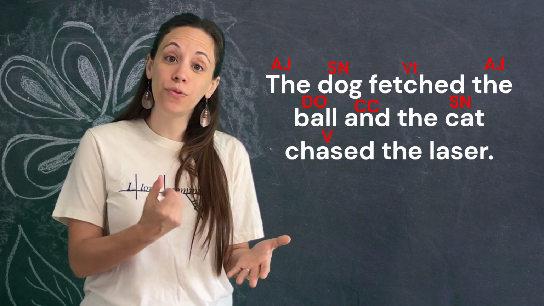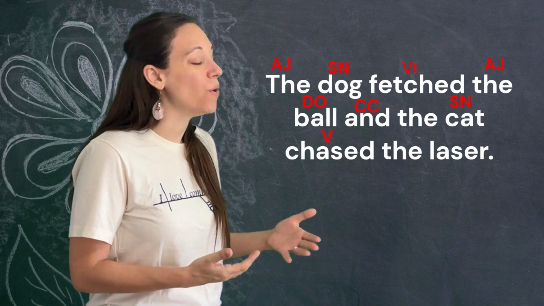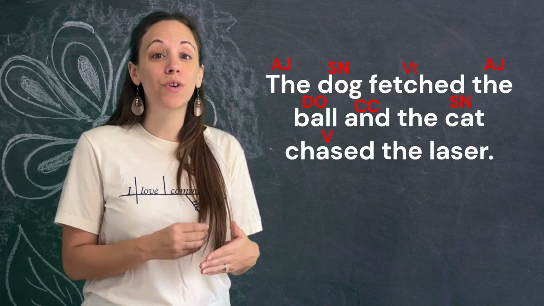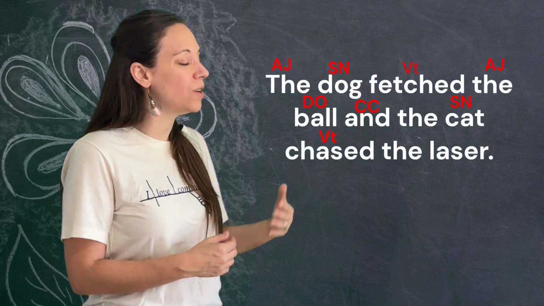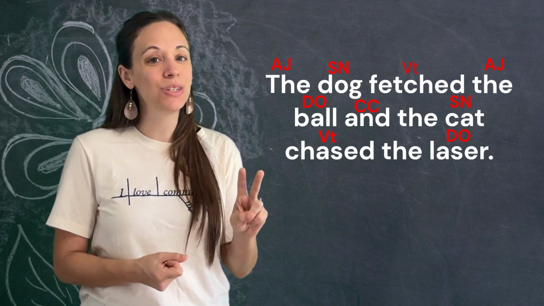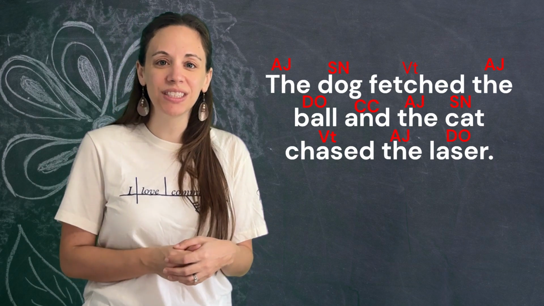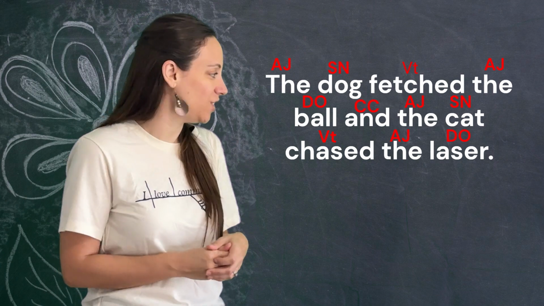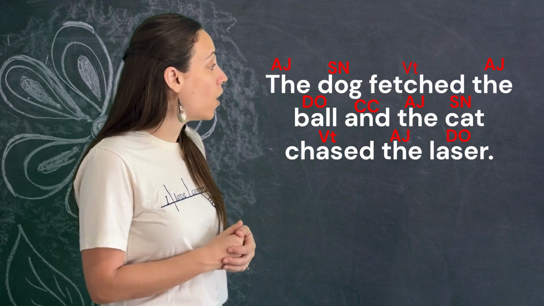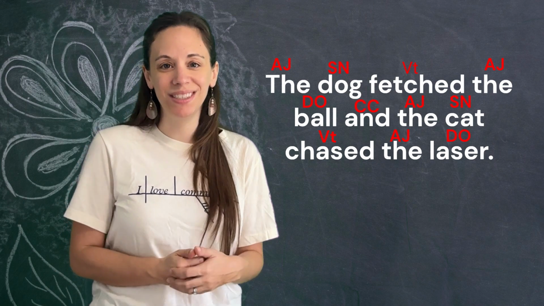Now, does laser receive action from chased? It does. So that makes chased a verb transitive, and laser is going to be our direct object. And once again, we have the word the twice here in this independent clause. Both of those we'll label as adjectives because they are article adjectives. So now that we have our whole sentence parsed and labeled appropriately, we can go on to diagramming.